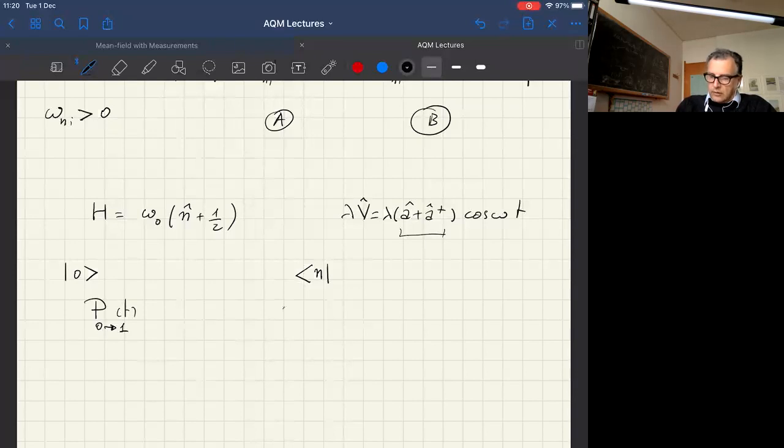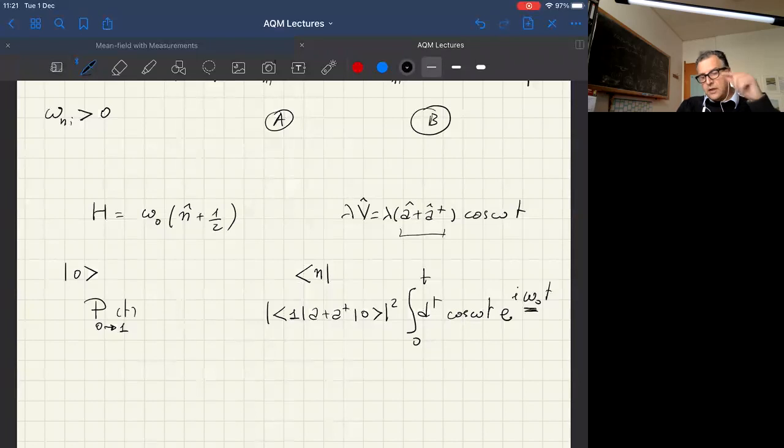Then what you have to compute is 1 a plus a dagger 0 modulus square times the integral between 0 and t of dt prime cosine of omega t e to the i omega 0 t, where omega 0 is the difference between the ground state and the first excited state.